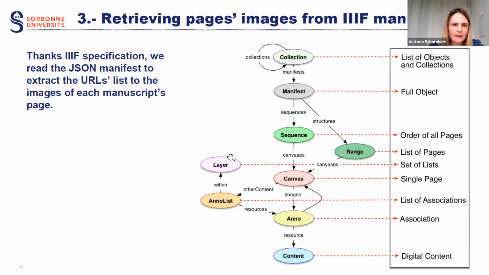According to the IIIF specification, as you know, a manifest has one or more sequences, and a sequence must have at least one canvas, and so on. So based on this well-organized specification, we read the JSON manifest to extract all the pages.